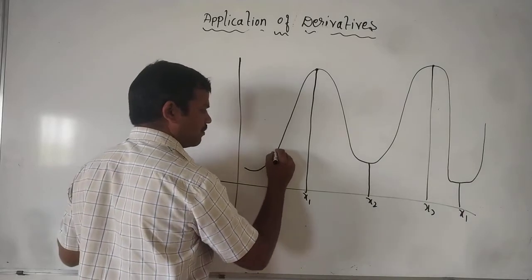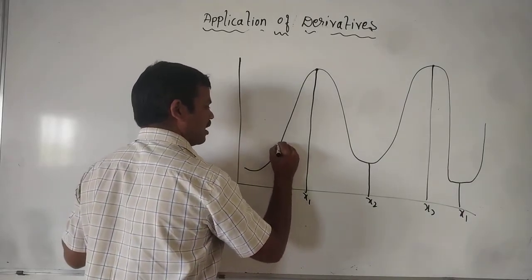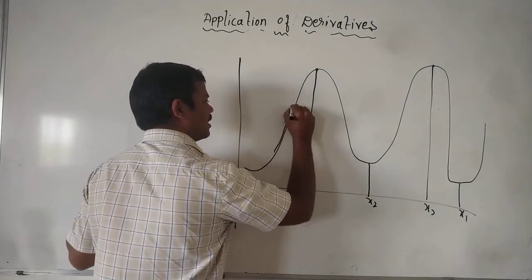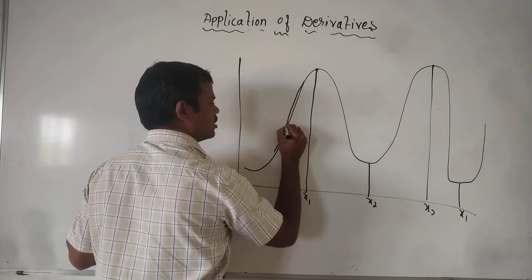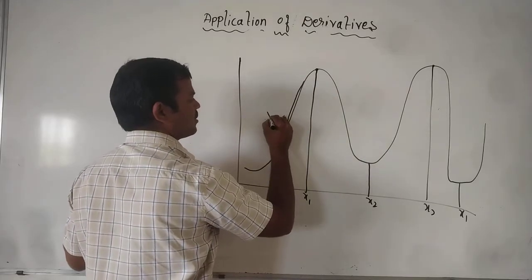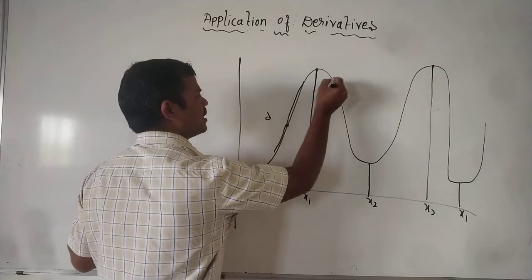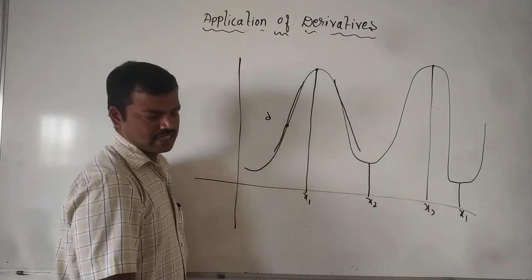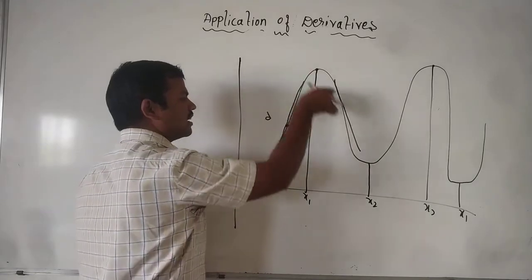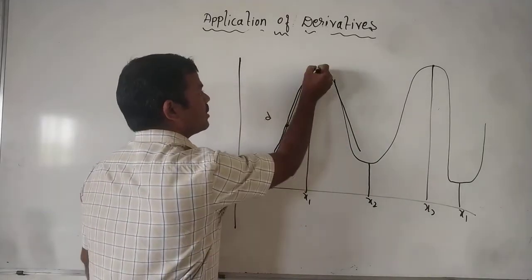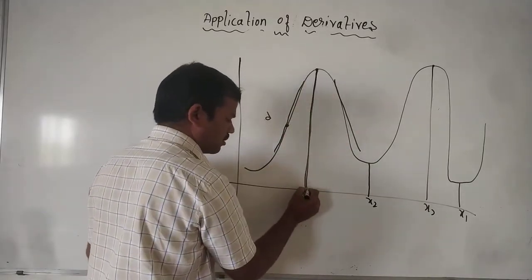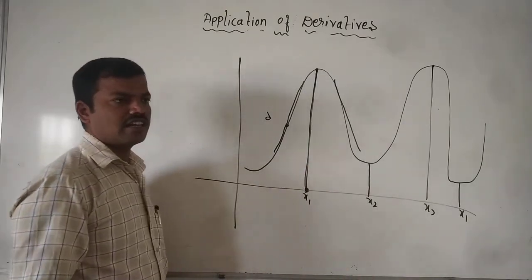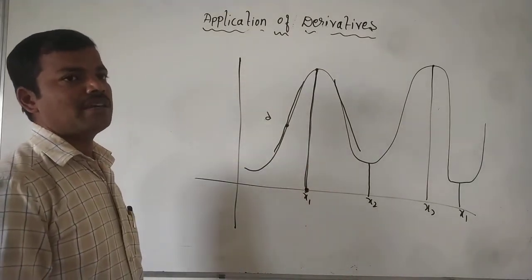So if any function behaves like this, at the left side the function is increasing, meaning the first derivative is positive, then to the right it decreases. If it increases and then decreases, that point is called a maximum point.